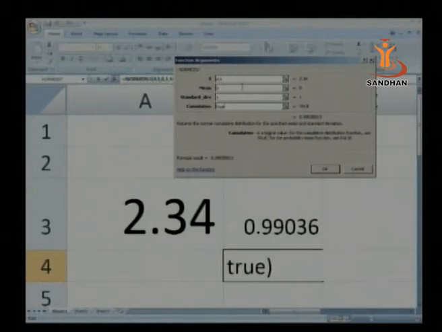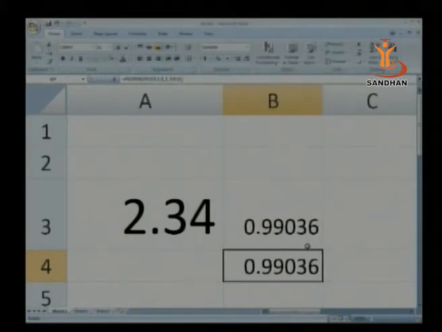Clear? So for the value of X, don't type the value, just type the location. Here 2.34 is located in the first column, which is A, and third row, so A3 is the location. Now click on OK. So again you are getting the same value but in a different way.